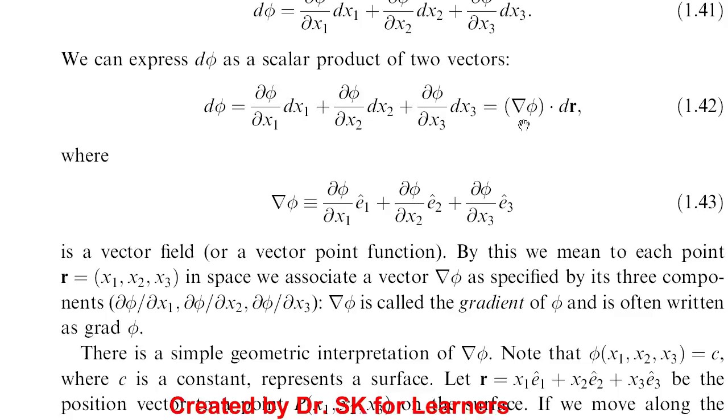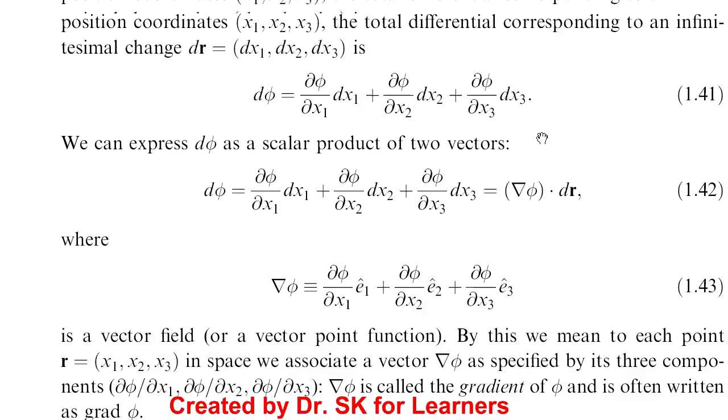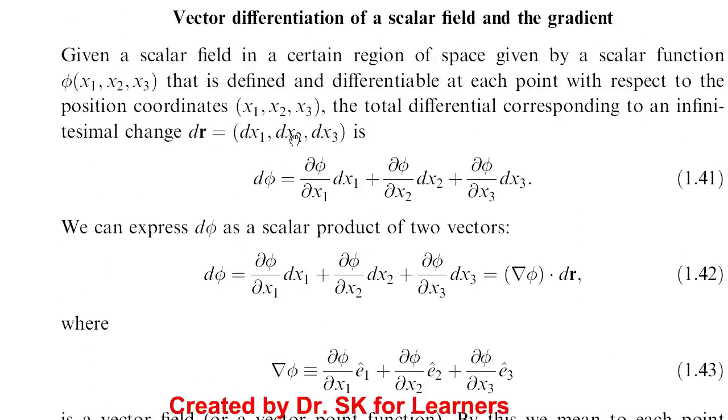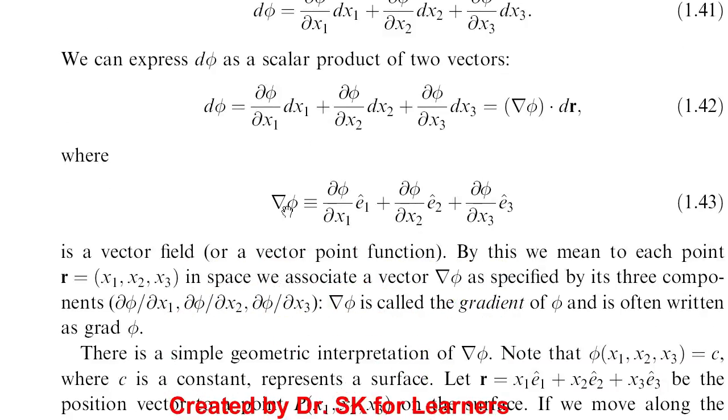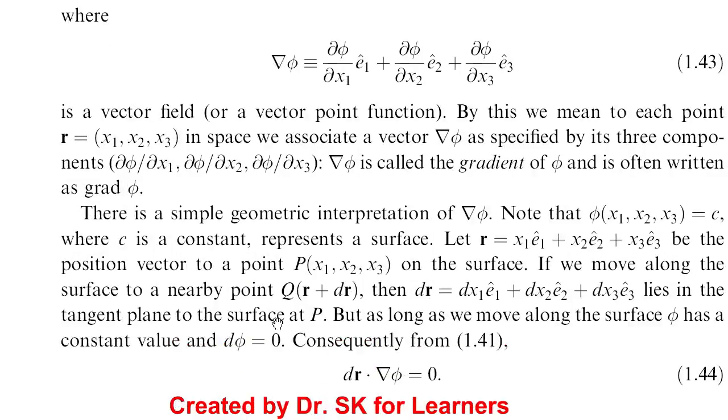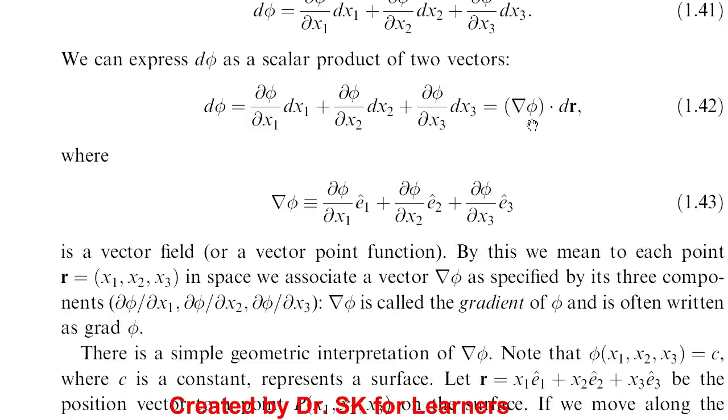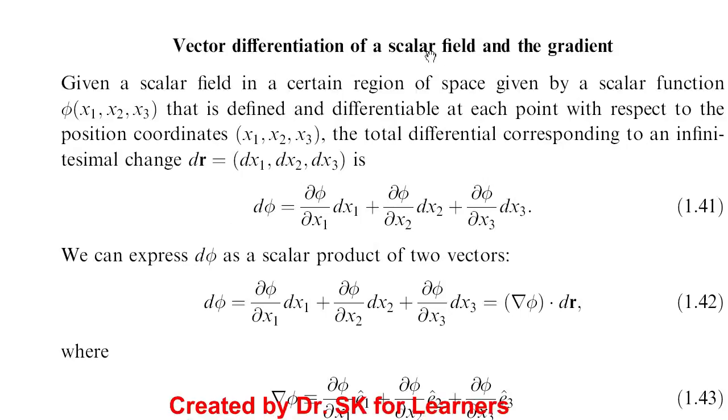As you can see here, del phi dot dr, where dr is the small change, and you're arriving at a point where the differentiation of phi is equal to del phi dot dr.